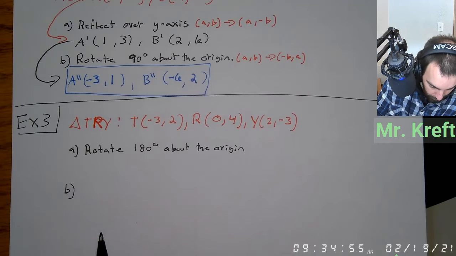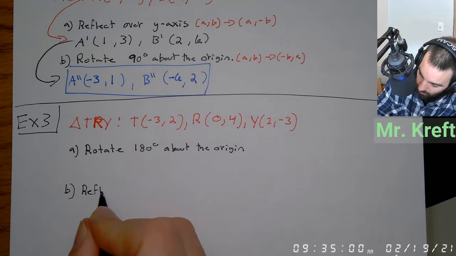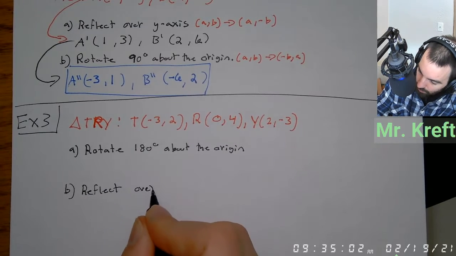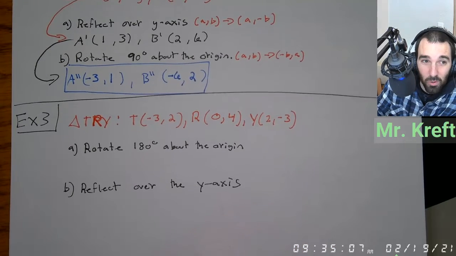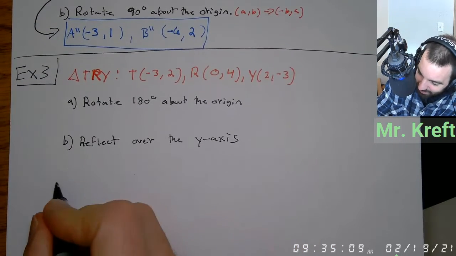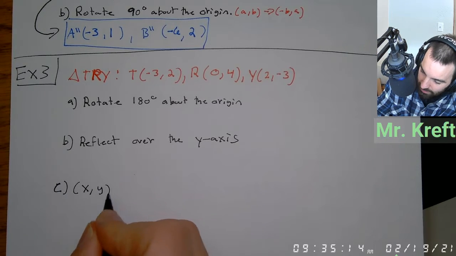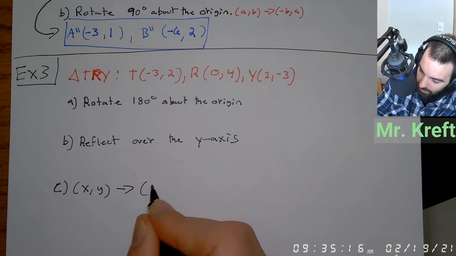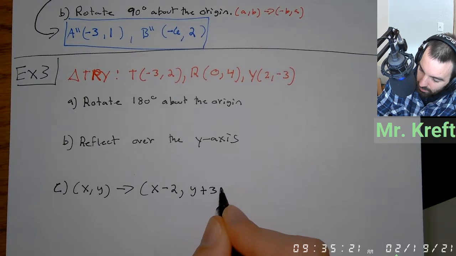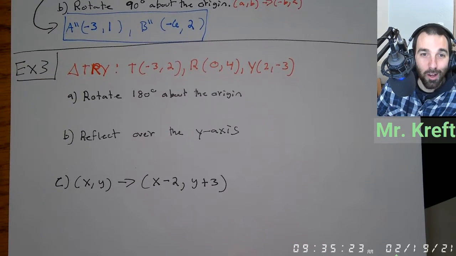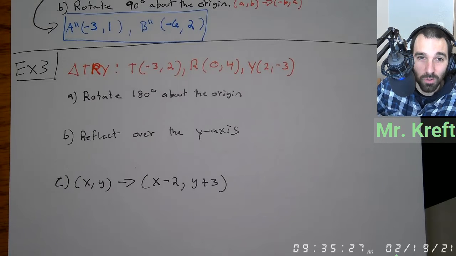Okay, and then B, you're going to reflect over the y-axis, and wait, hold on to your seats. C, we're going to take every point (x, y) such that we're going to have (x - 2, y + 3). Okay, so how many transformations do we have here? We have 3.